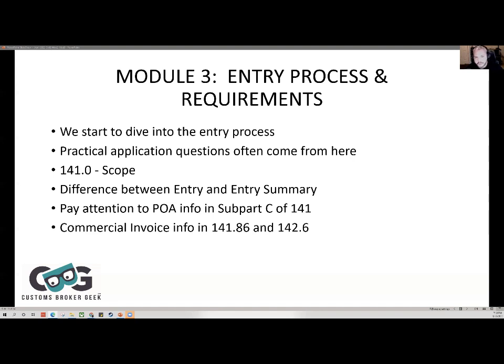Customs provides commercial invoice information in 141.86 and also in 142.6. So we recommend you cross-reference each section in your books, so you can always check both sections when there's a question on commercial invoice requirements. I suggest that in 141.86, you write down to check 142.6, and the same thing in 142.6, write down to check 141.86.